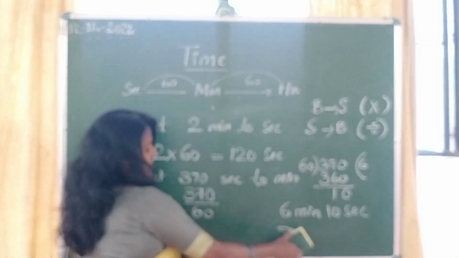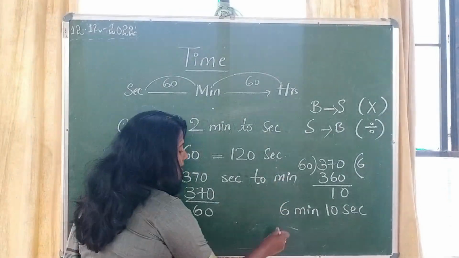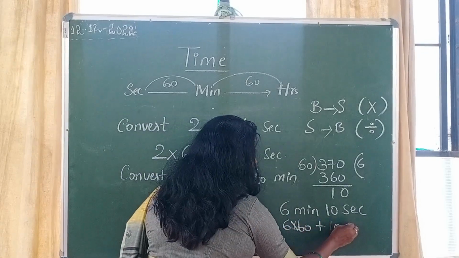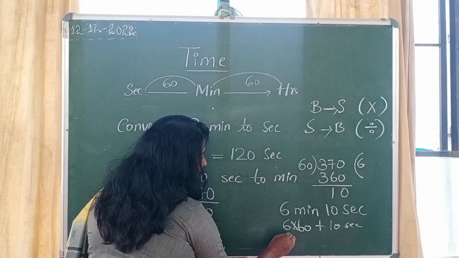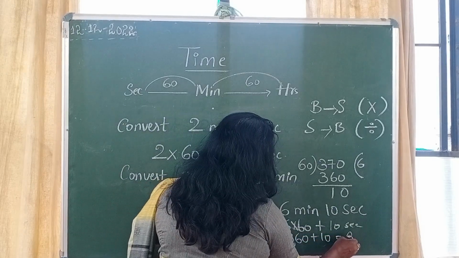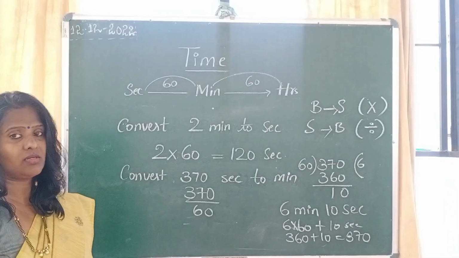Now you can verify this. If you multiply once again and add, you should get the same answer. 6 into 60 plus 10 seconds. 6 sixties are 360 plus 10 is equal to 370. Before I got 361. That's wrong, is it not?